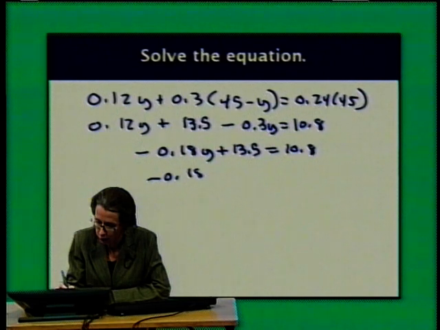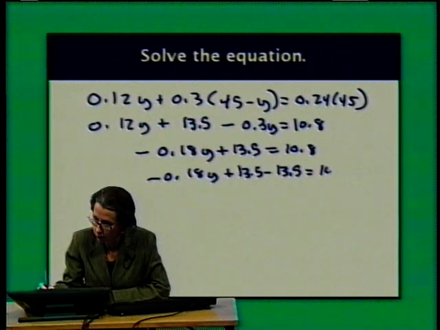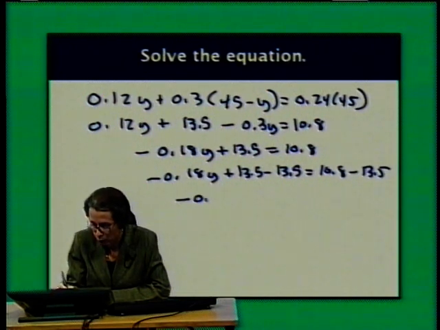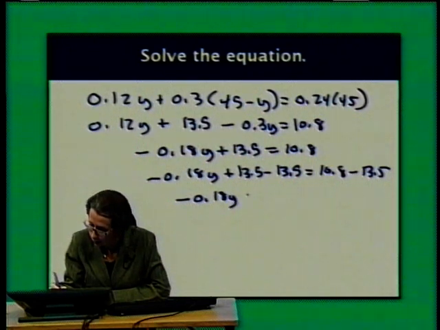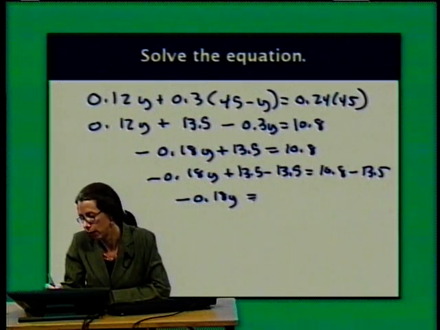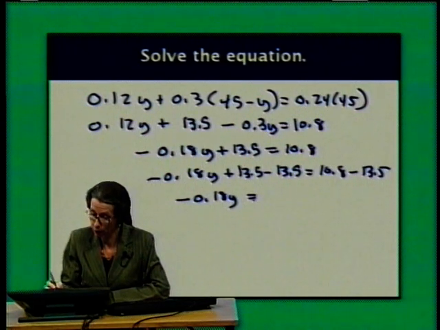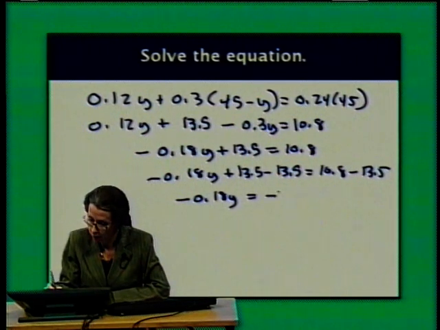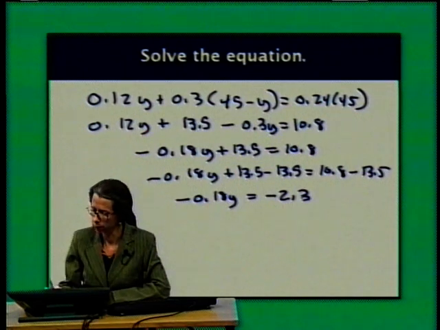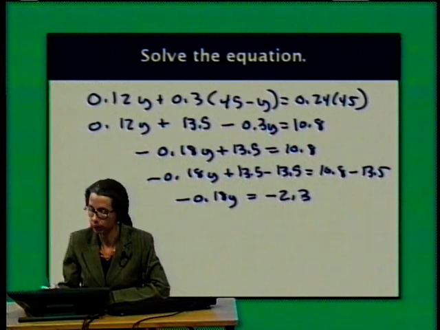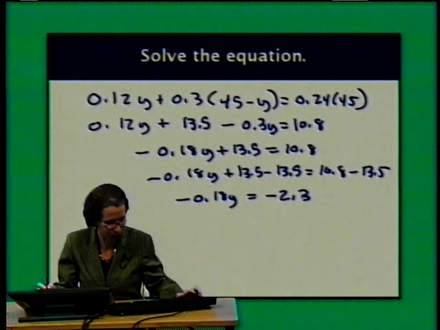Subtracting 13.5 from both sides of the equation leaves me with negative 0.18y equals, let's see, 10.8 minus 13.5, that's negative 2.7.